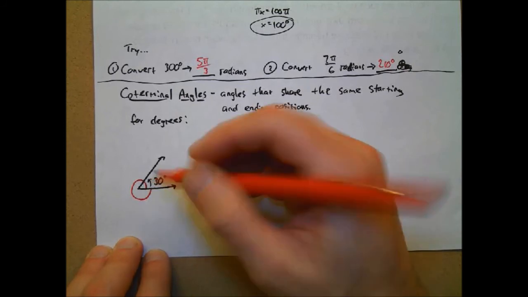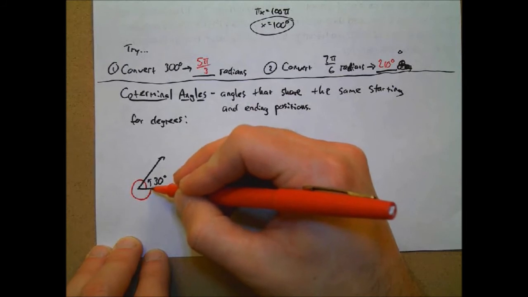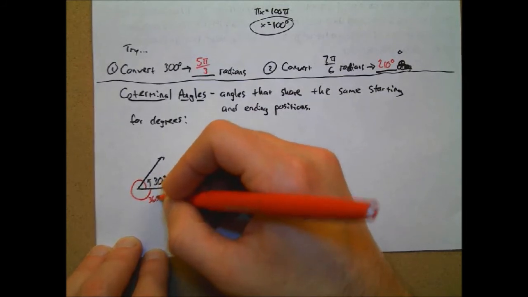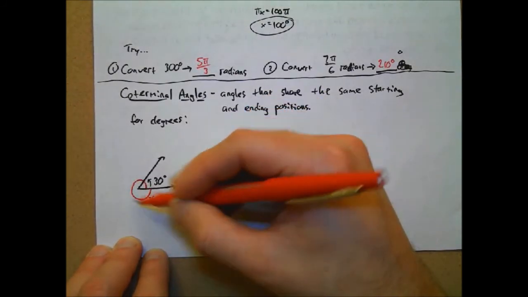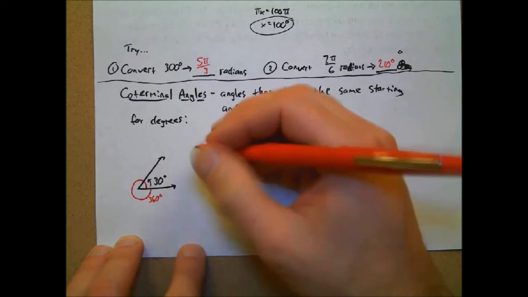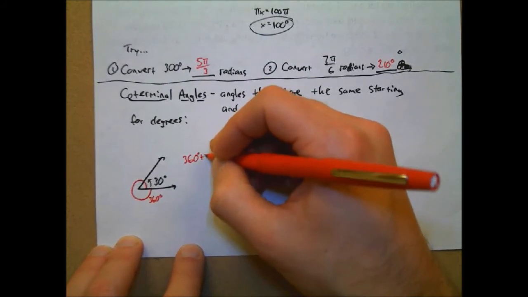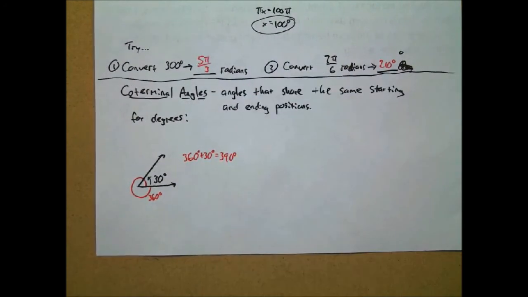So again, that 360, I'll mark that there in red. What angle would that be then? 360 plus another 30 would be what? 390. Yeah, 390. Okay.